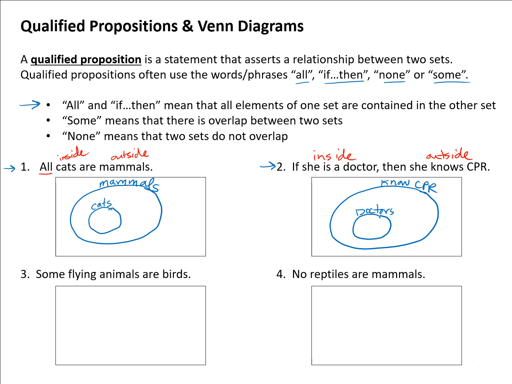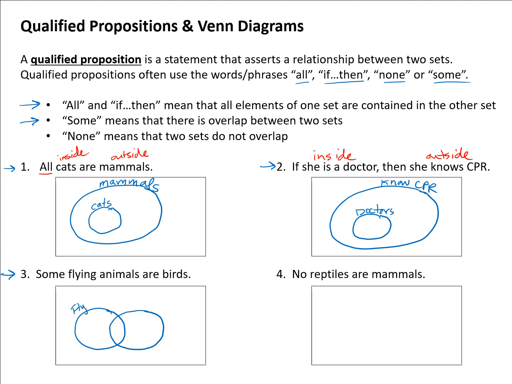Some and none, rather, are drawn differently. Some, when you have a sentence with that word in it, means you have an overlap between two sets, because it's not saying that all of something is within something, it's saying some of it. So for instance, in the example I have here, some flying animals are birds, we would show that because it says some, we have an overlap between the two sets.